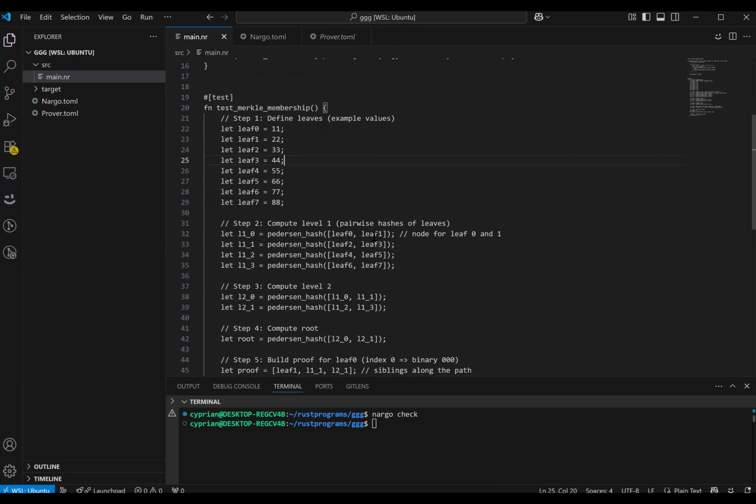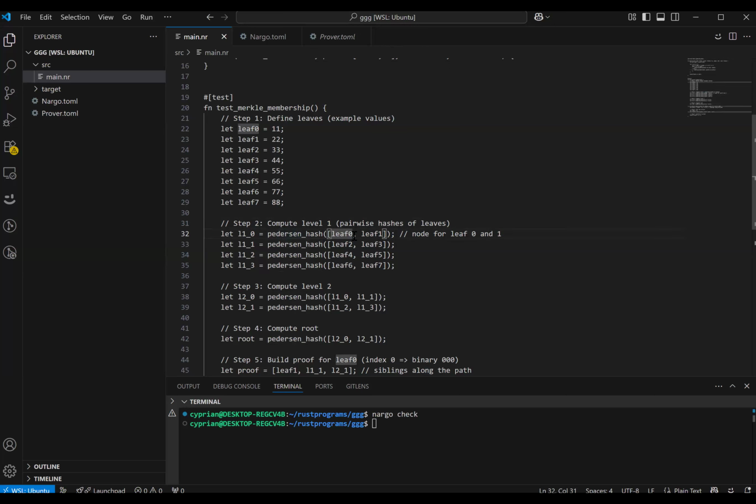Now, we want to compute level 1. So we are pairing these leaves and doing hashes on them, using the Pedersen hash.